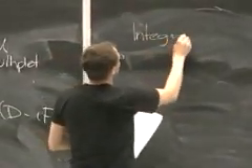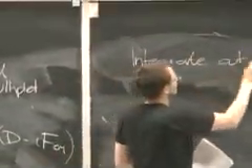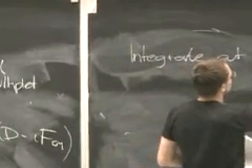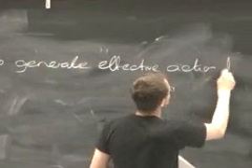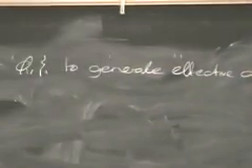Okay, so we integrate out the phi's and the psi's to generate an effective action for this twisted chiral multiplet sigma.